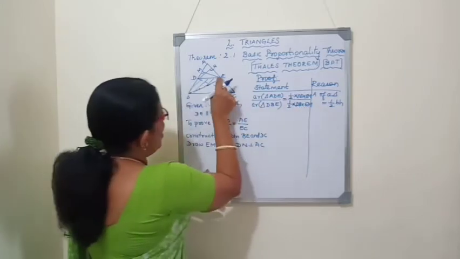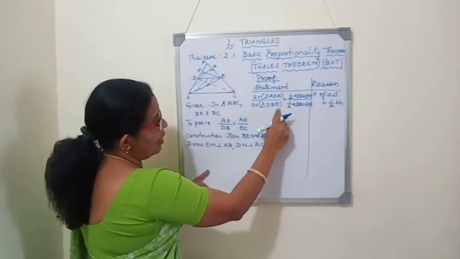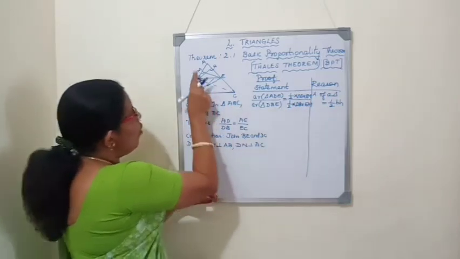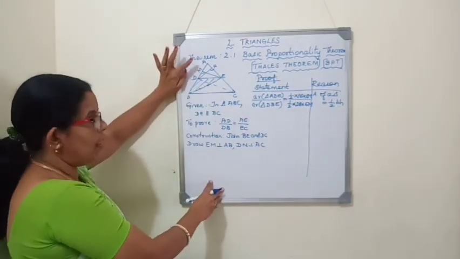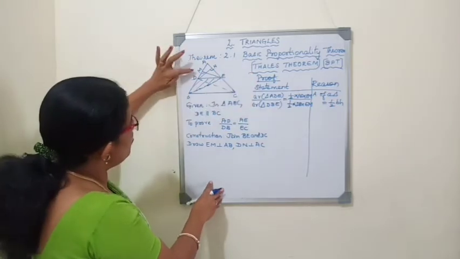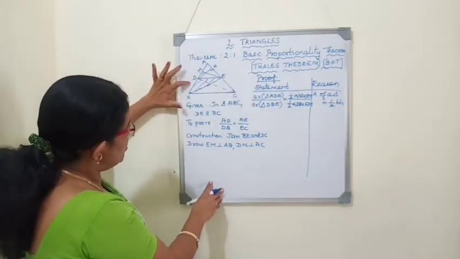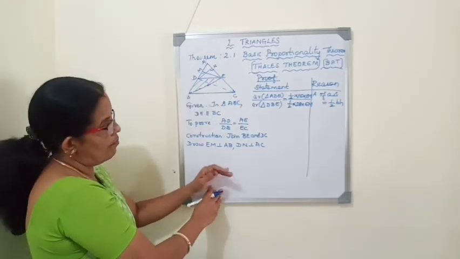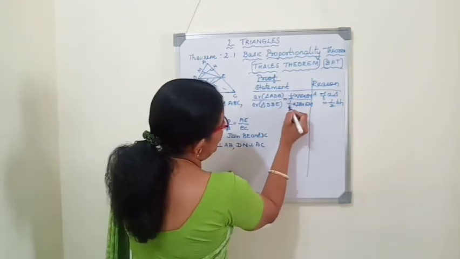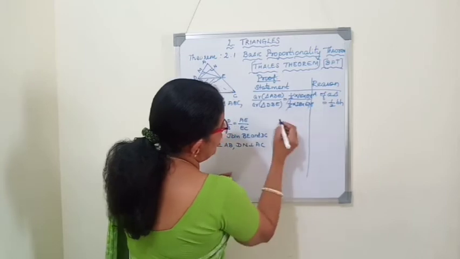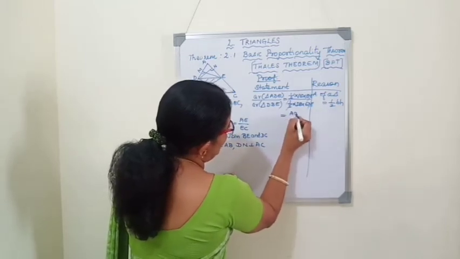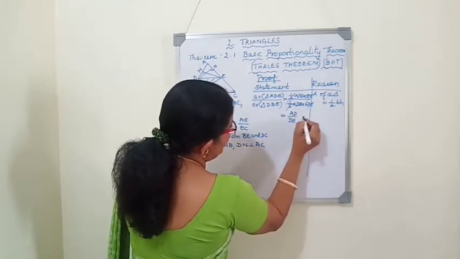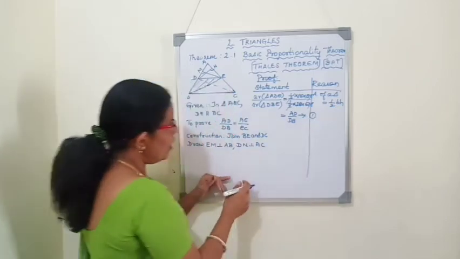We are writing the same height for both numerator and denominator, only the bases of the triangles are different. For the top triangle we write AD as the base, for the lower triangle DB as the base, but the height will be the same. So half and half will cancel, EM and EM will cancel, we will get AD by DB, and this is our first equation.